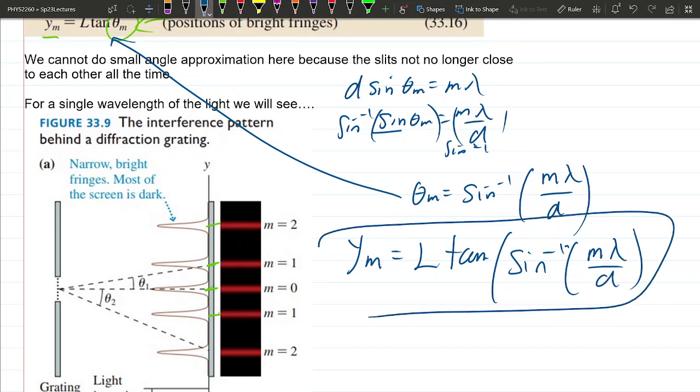This turns into an inverse trig function buried inside another trig function, but all of this you can punch into a calculator and actually calculate. And this is the reason why, instead of the spacing being the same as you increase m, it actually gets spaced out more and more. So m equals 3 will be all the way up here, because it actually grows like a tangent function.